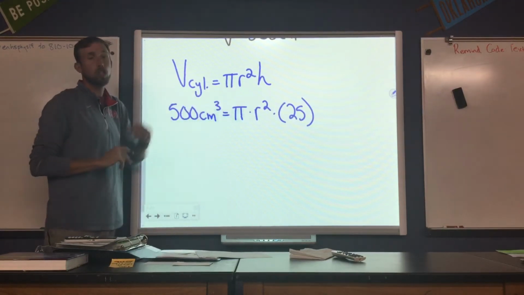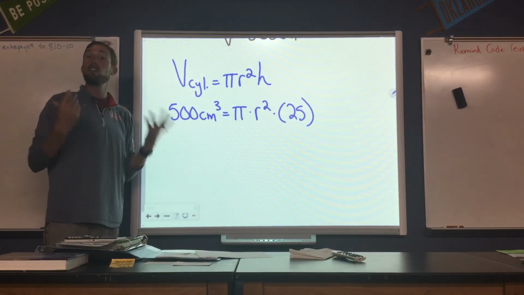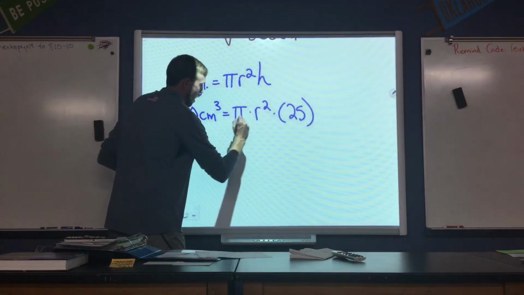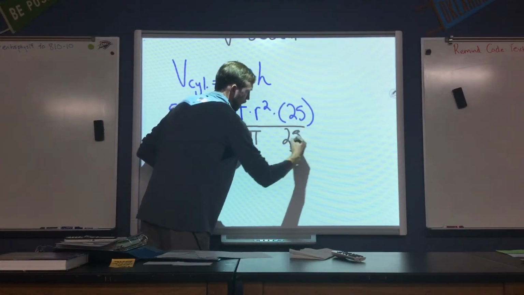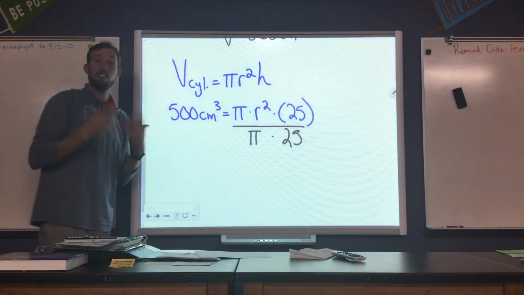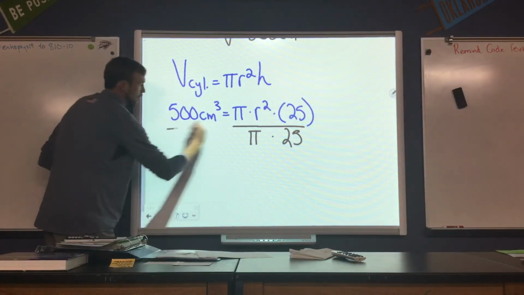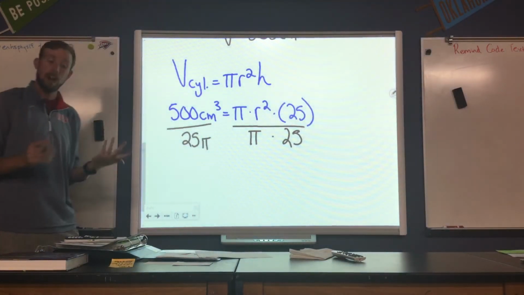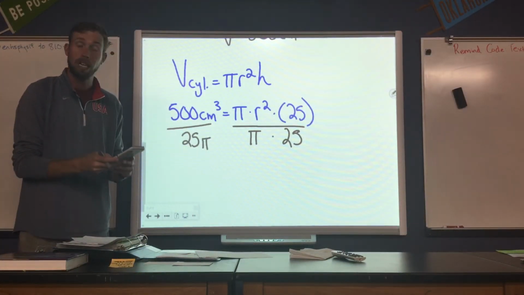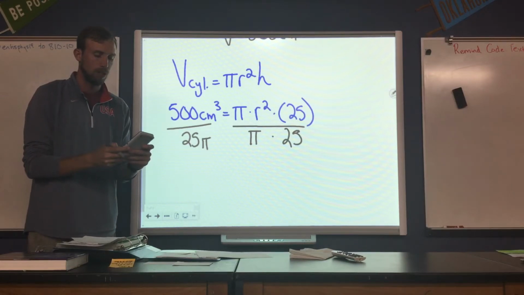Now, if we want to get r squared by itself, there are a few things that we have to do. One, I need to divide by pi. I also need to divide by 25, right? So I can divide by 25 pi, and that's going to mirror on the other side of my equation. So I'll take 500 divided by 25 pi.